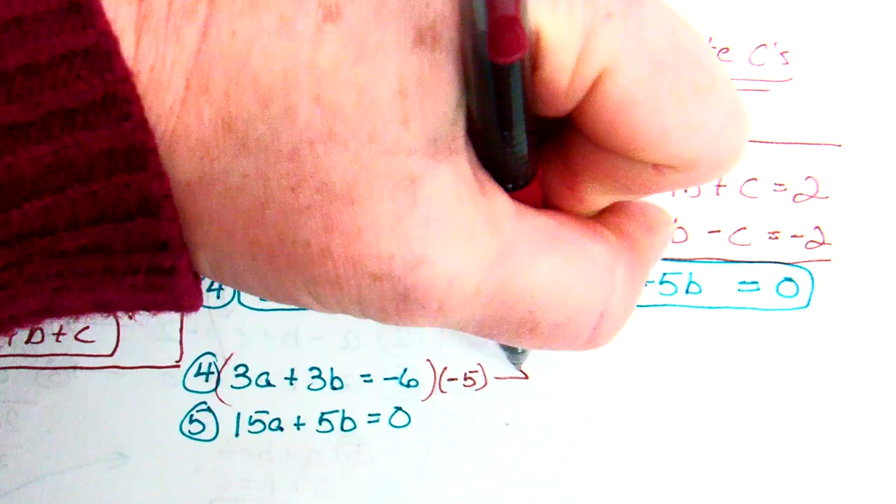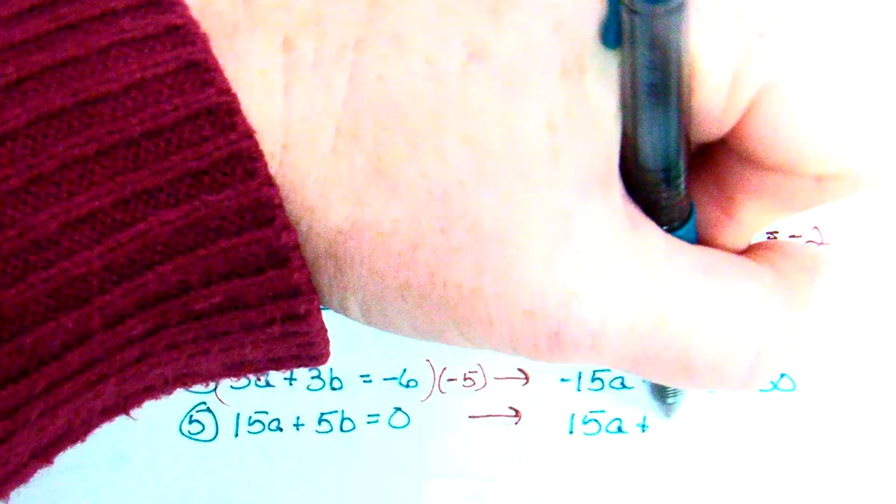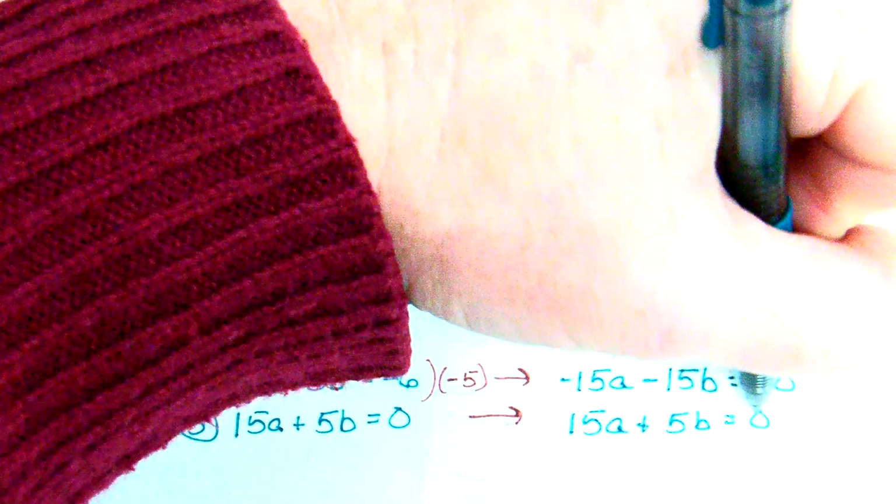So my top equation becomes negative 15a minus 15b equals 30. My bottom equation stays 15a plus 5b equals 0.